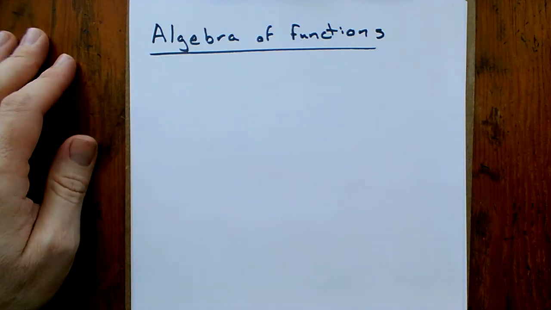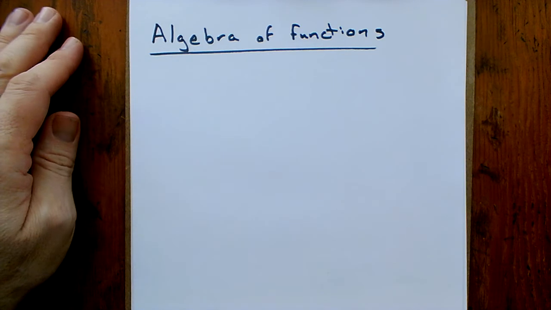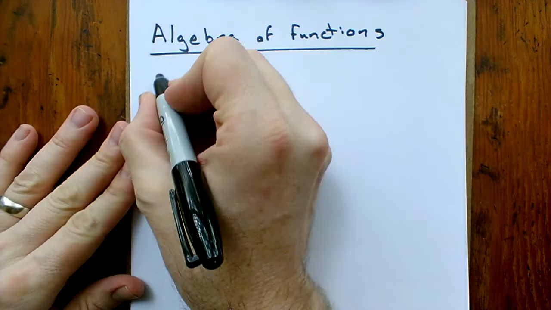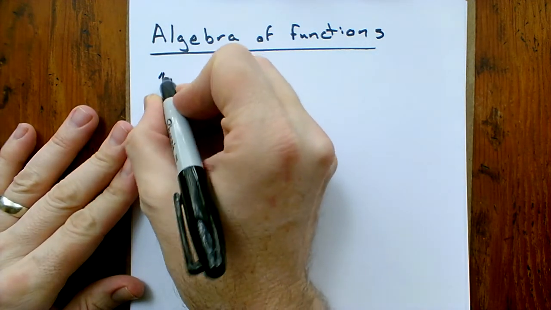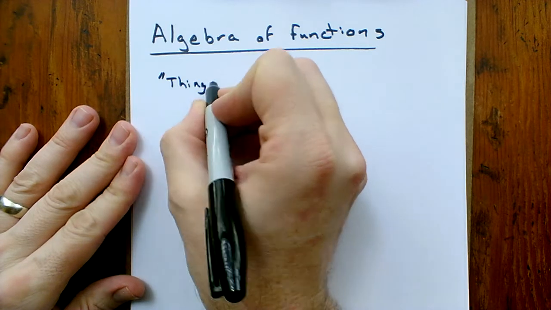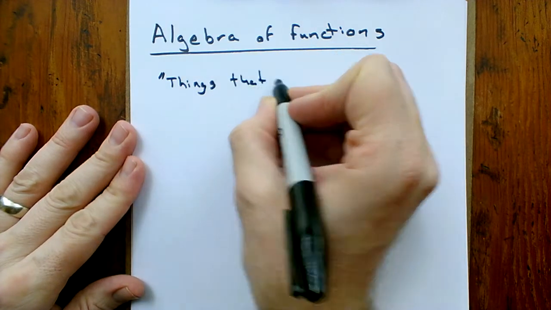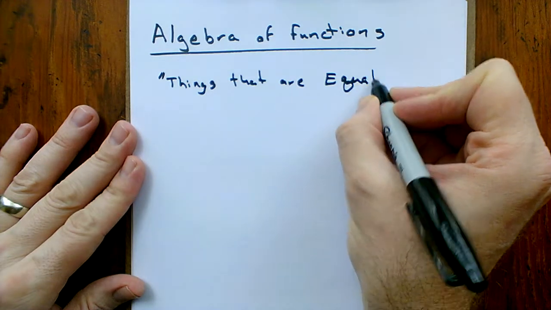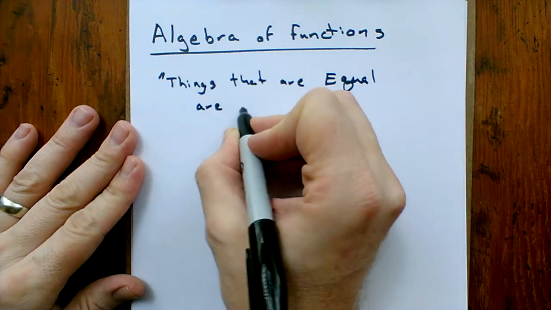Right now we are going to be talking about the algebra of functions. And the algebra of functions is fairly straightforward when we realize that, once again, things that are equal are interchangeable.